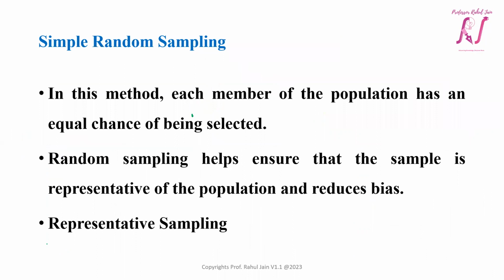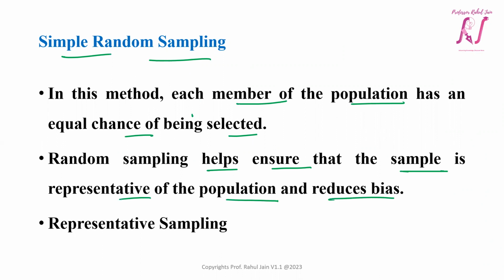So let's start. If I talk about simple random sampling, in this method, each member of the population has an equal chance of being selected. Random sampling helps to ensure that the sample is representative of the population and reduces bias.